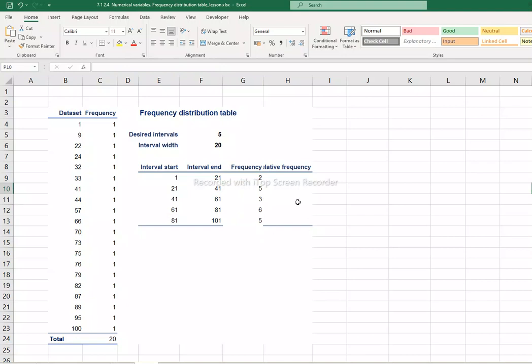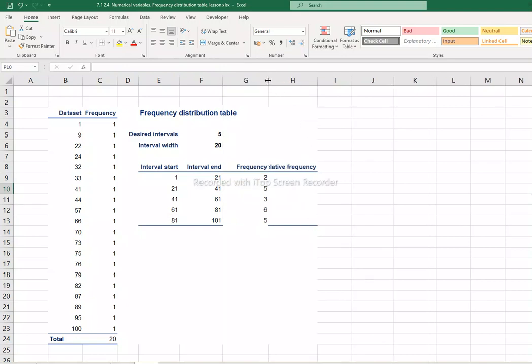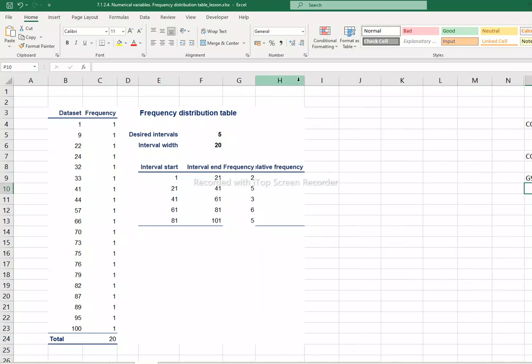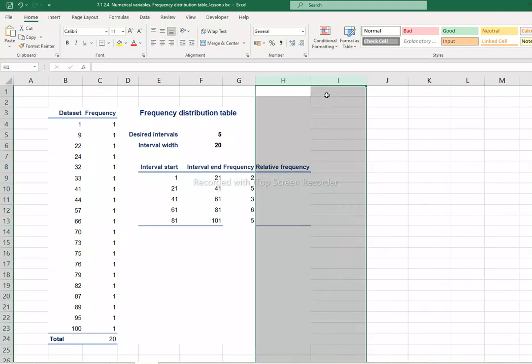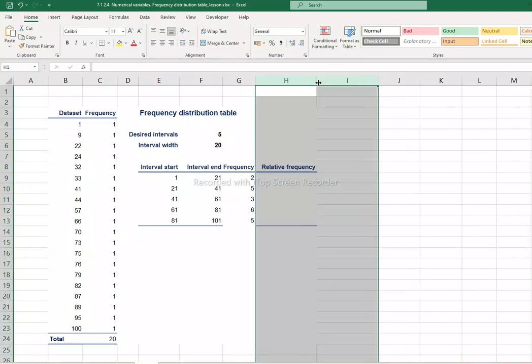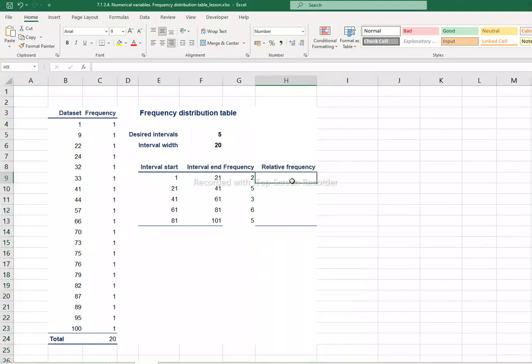As all of you know, the formula for relative frequency, we are going to calculate that through Excel. It is this frequency divided by the total of the whole.